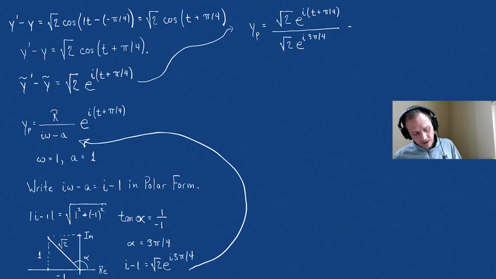Well, when we clean that up, the square root of 2's will cancel, and then I just subtract the exponent. So this just becomes 1 times e to the i. Then I'll write it all out and then we'll clean it up for a couple steps. So I have t plus pi over 4 minus 3 pi over 4. So in other words, our particular solution is e to the i times t minus pi over 2.